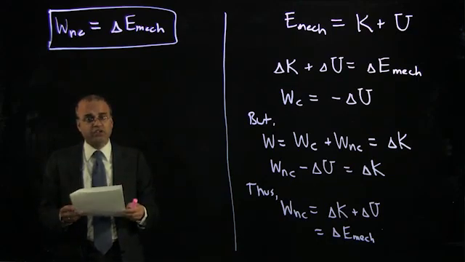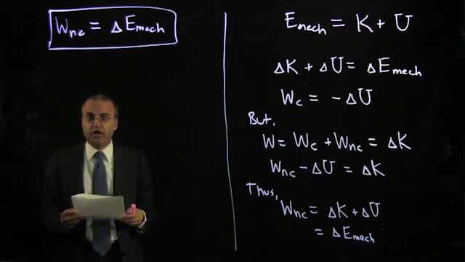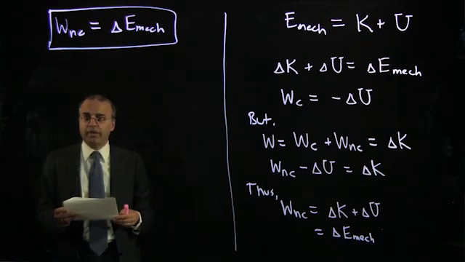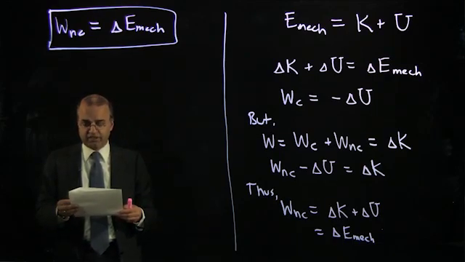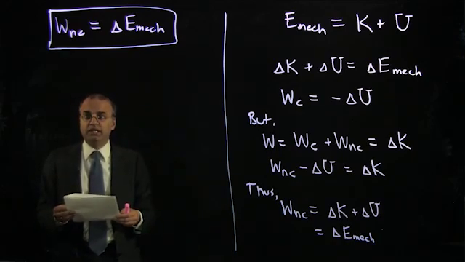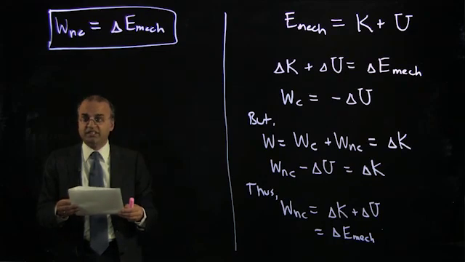Now, we've been talking here only about mechanical energy, which we've defined as the sum of kinetic energy and potential energy, but one can also talk about non-mechanical energy, the most common example of which is loosely referred to as heat. As an example, in the case of friction, which is a non-conservative force, we know that the action of friction generates heat.